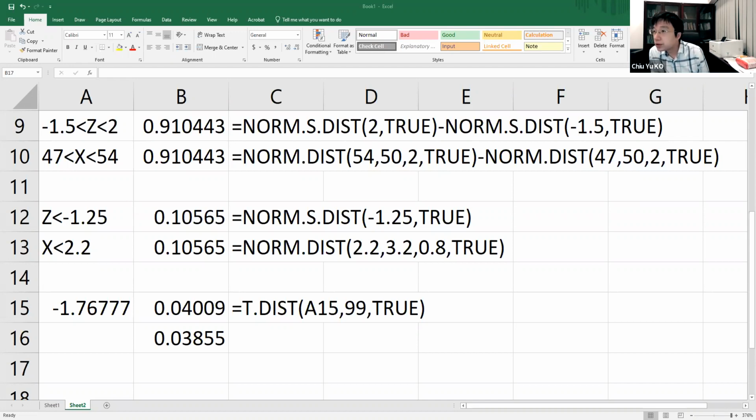There are some functions in Excel with a dot. The one with the dot is the new one; without the dot is the classical one. The difference is some efficiency improvement and some correctness, so the dot one is the new version and the old version has no dot.